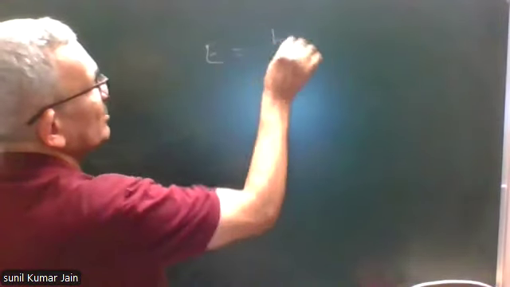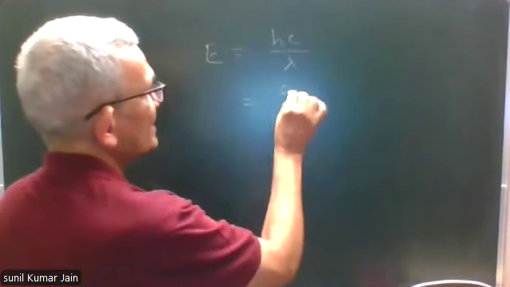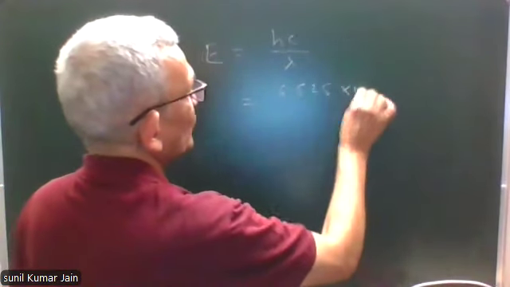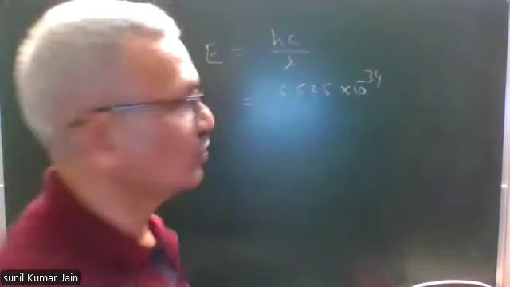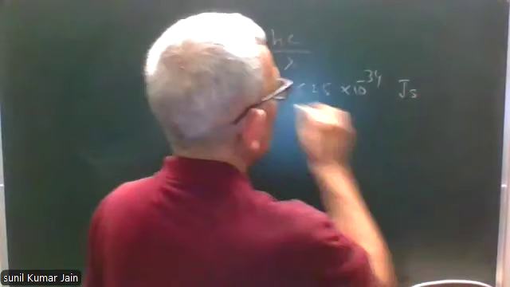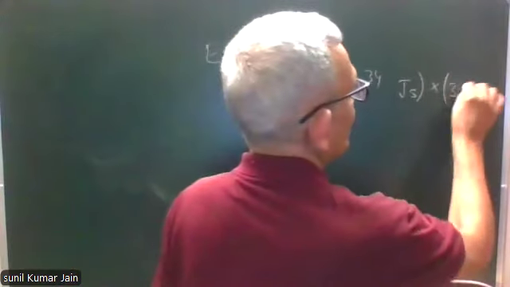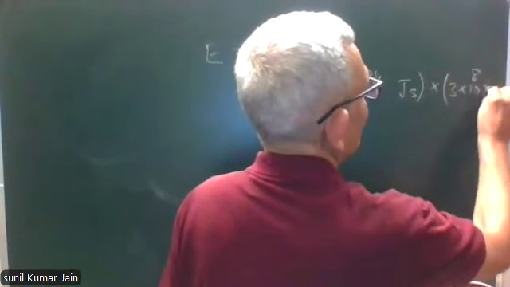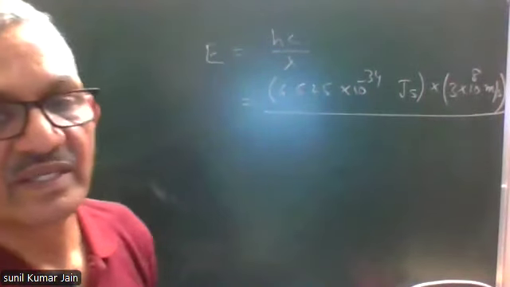First, we'll calculate energy. E is equal to hc by lambda. h is constant, c, that is velocity of light, is constant, and lambda is given. h is 6.625 into 10 to the power minus 34. Think of its units. Units are joule second multiplied by velocity of light 3 into 10 to the power 8 meter per second divided by lambda.